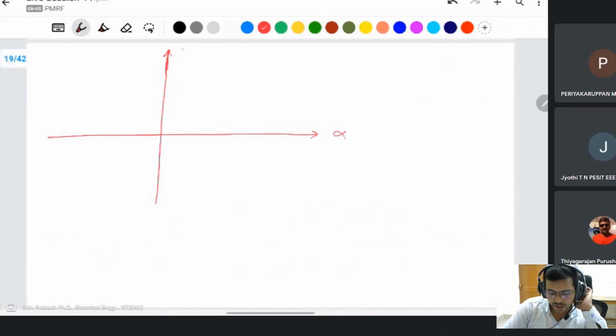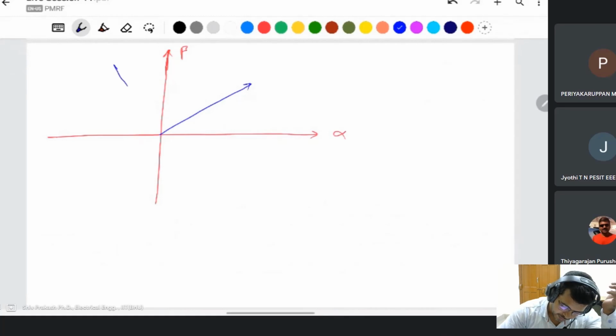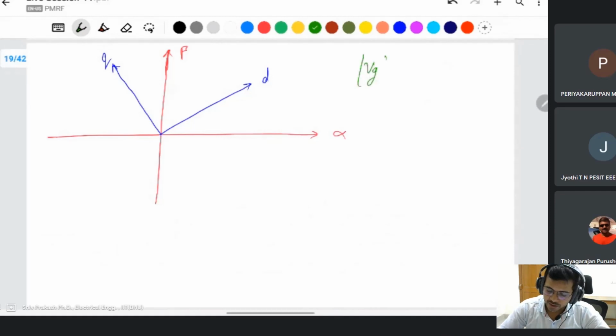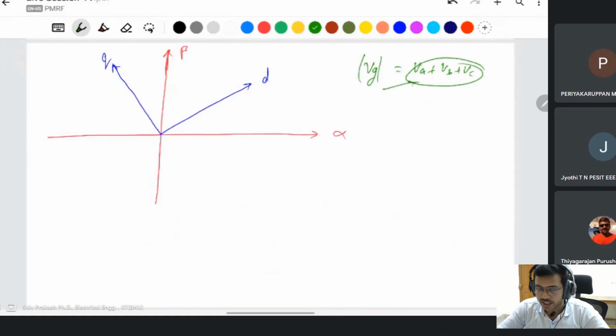this is the alpha and beta axis, and D and Q axis. The magnitude of voltages, VA, VB, VC at any point, will be some voltages like 3.2 Vm.